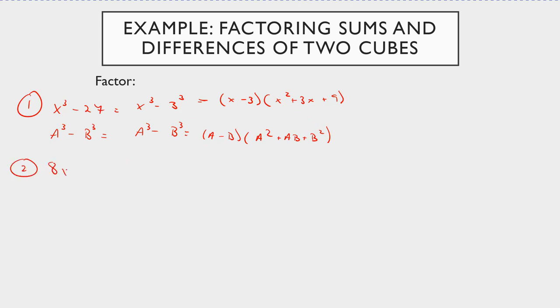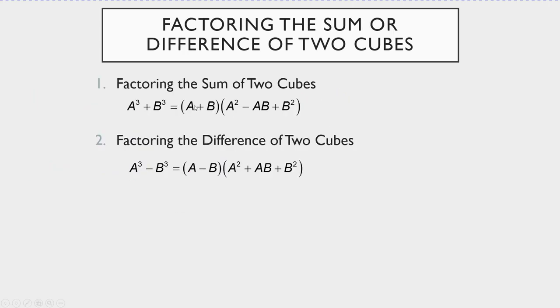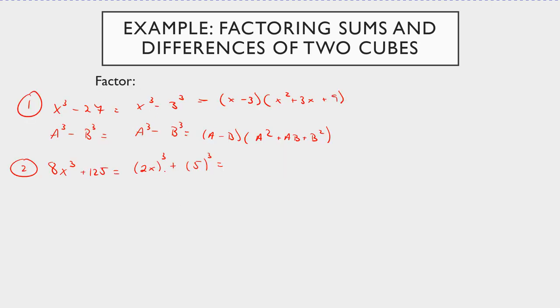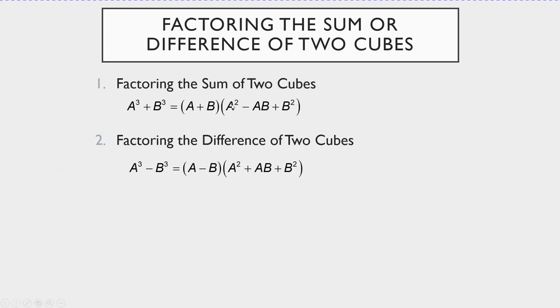Let's look at 8x cubed plus 125. Well, 8 is a perfect cube, right? So I can write 8x cubed as 2x to the third power, and 125 is the same thing as 5 to the third power. So it's a plus b, so that's 2x plus 5, times, in parentheses, a squared.